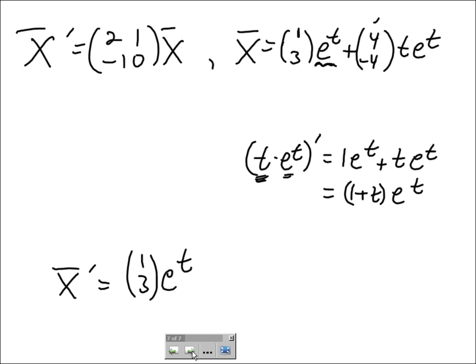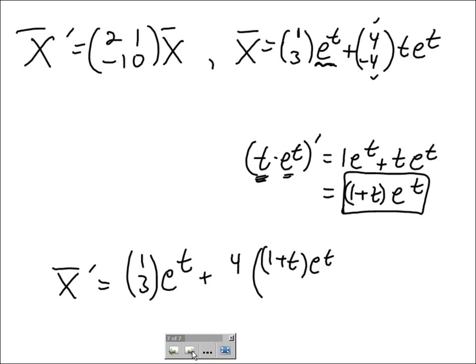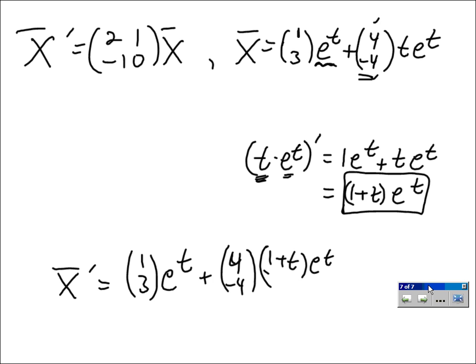And when you multiply it by those scalars, those constants, you're just going to get a multiple of that. You're going to get 4 times (1 plus t) e to the t, and you're also going to get negative 4 times that. That's the derivative.